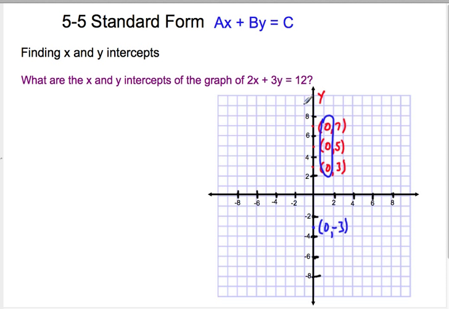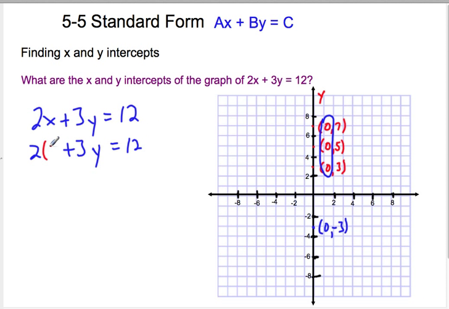And so if we want to find the y-intercept of an equation in standard form, or in any form for that matter, all we need to do is substitute 0 in for x and then figure out what y would have to be. So if we look at this equation here, 2x plus 3y equals 12, to figure out what the y-intercept is, we're just going to plug in a 0 where x is.